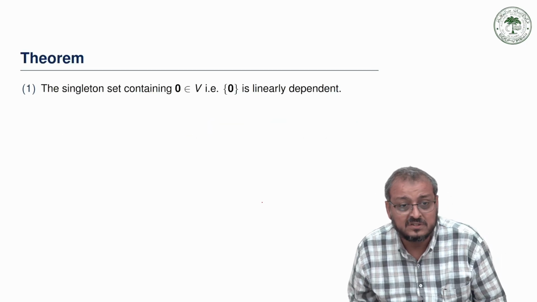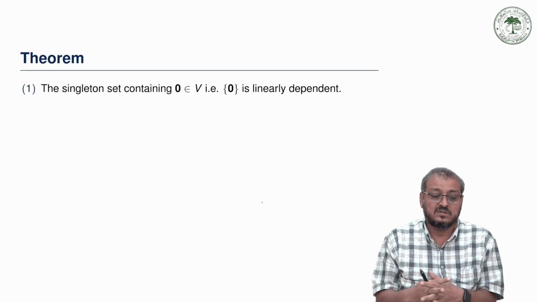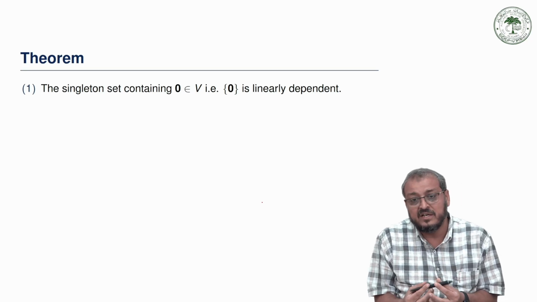The first property: a singleton set containing 0, where 0 belongs to V, is linearly dependent.